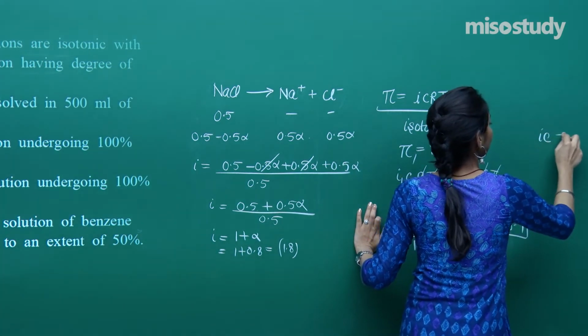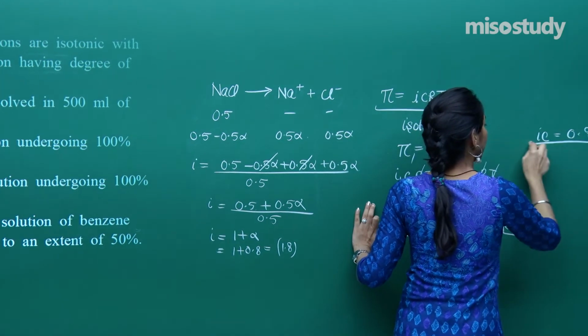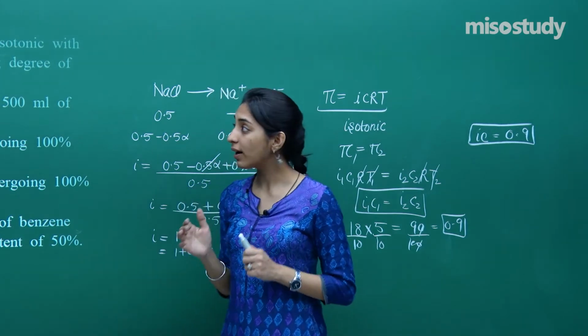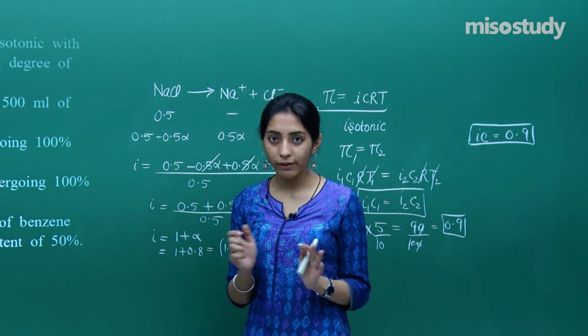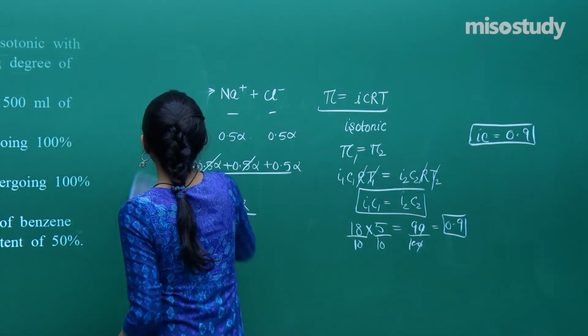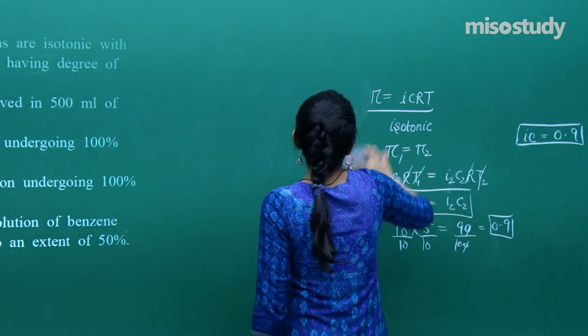So the iC value is 0.9, and the same iC value should be obtained for the other solutions also. Let us see what can be the iC values for other solutions. Do remember this value 0.9.